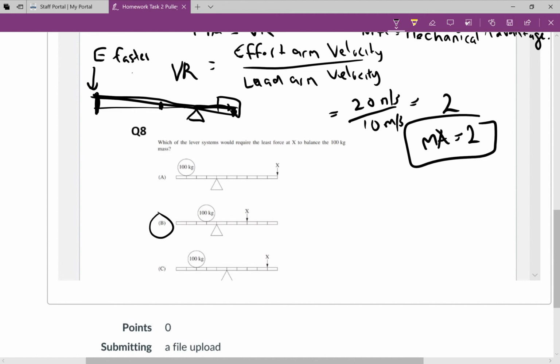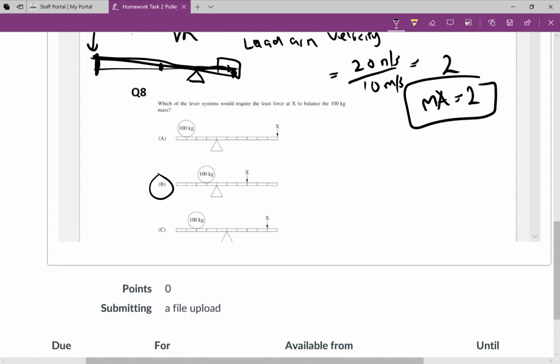So you can always come unstuck when you're playing around with this type of question. What you needed to do was go through each one and work out the mechanical advantage for each one. In this instance, look at effort distance over load distance. Okay, effort arm over load arm.